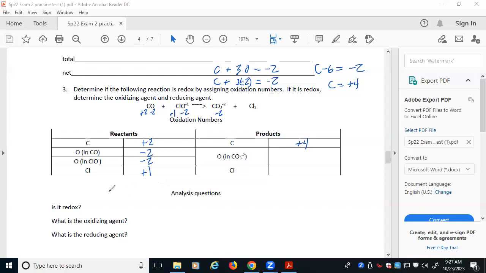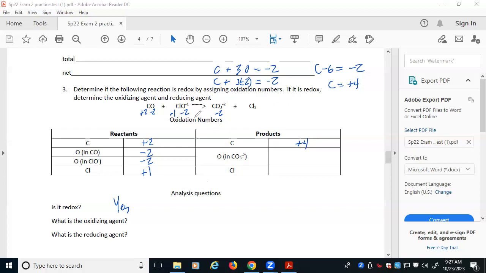It is definitely redox. And I know it's redox because the oxidation numbers are changing. That's my telltale sign. If the oxidation numbers don't change, it's not redox, it's something else. But if the oxidation numbers do change, then it has to be redox.